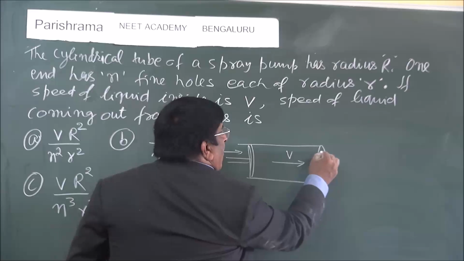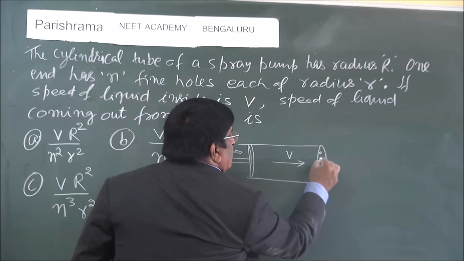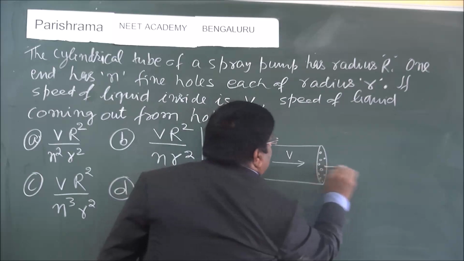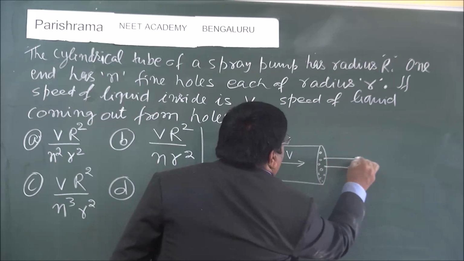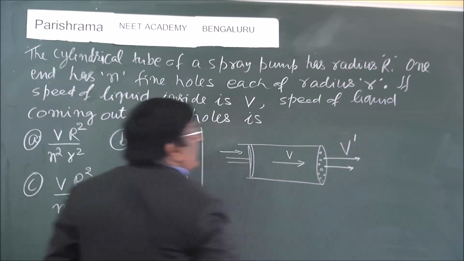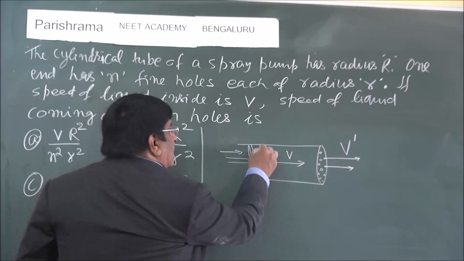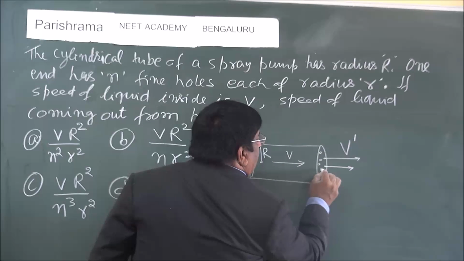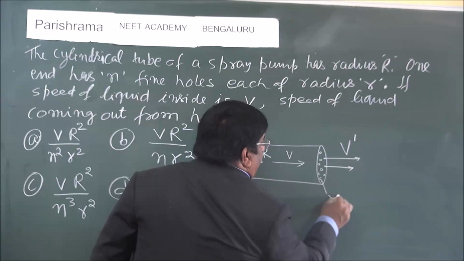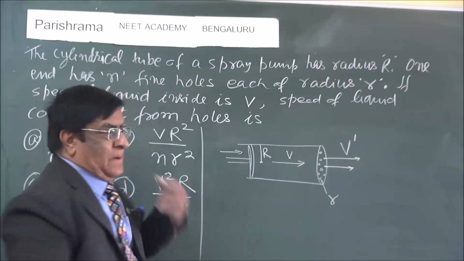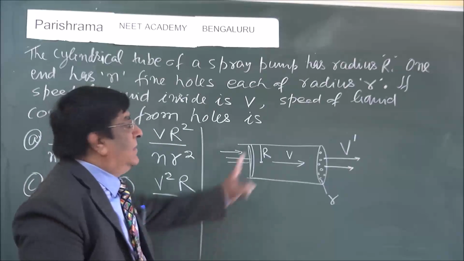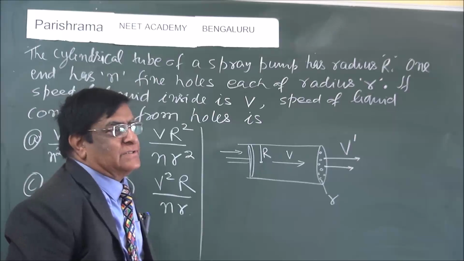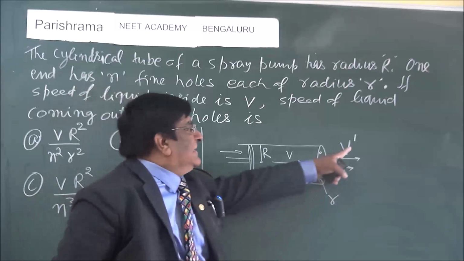There are many small holes here. And from that, liquid is also flowing out with a velocity v dash. What is given to us? This radius is r and radius of each hole is r.